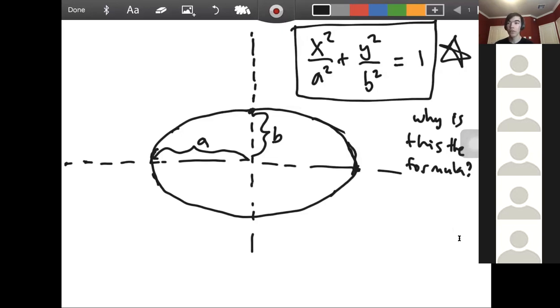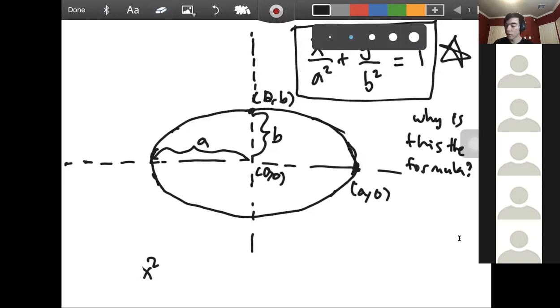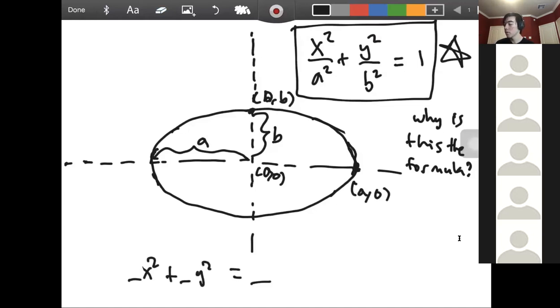Okay, so there are two ways to derive this formula. One way is, if you assume that this is the origin, then I define the lengths as a and b. So this point must be (a, 0), and this point must be (0, b). The generic algebraic form is a constant times x squared plus a constant times y squared equals a constant.